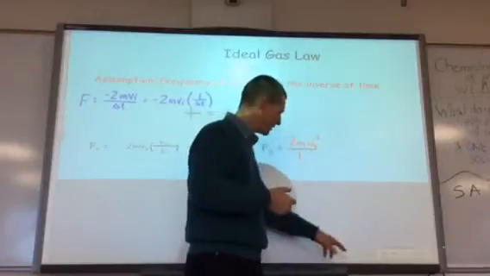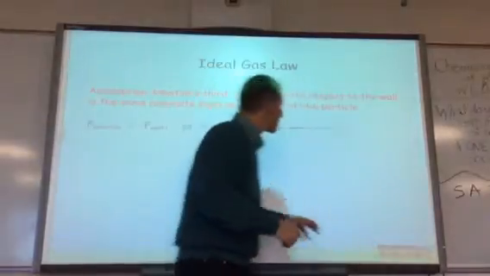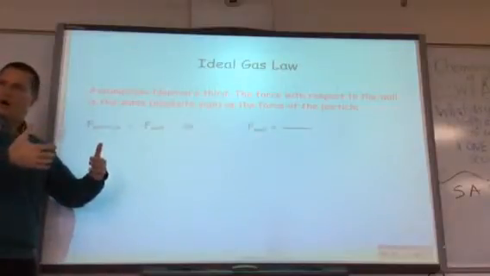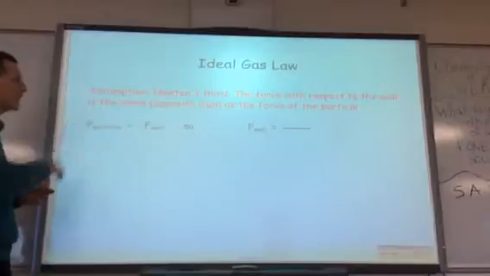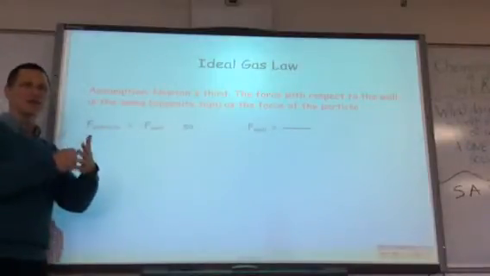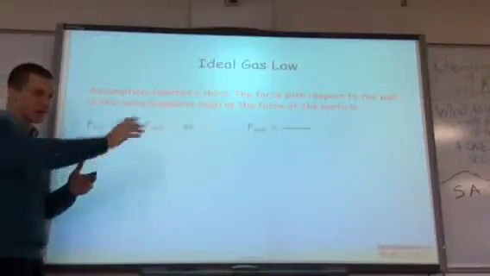Remember how we made that Vf equals negative Vi? Now if we take the point of reference of the wall of the container, Newton's third law says that when the particle hits the wall, the wall of the container is pushing back on the particle. If it doesn't, then the particle just goes right through it.